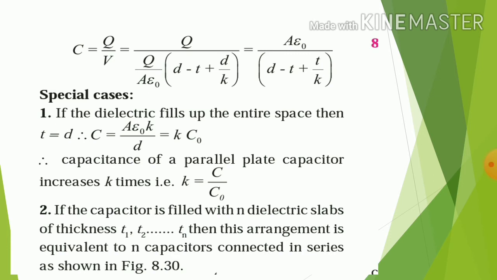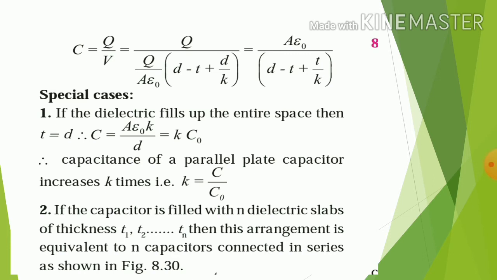Then this equation becomes C equal to Q divided by Q upon A epsilon 0 into bracket small d minus t plus d upon K. But this is a printing mistake in our textbook.